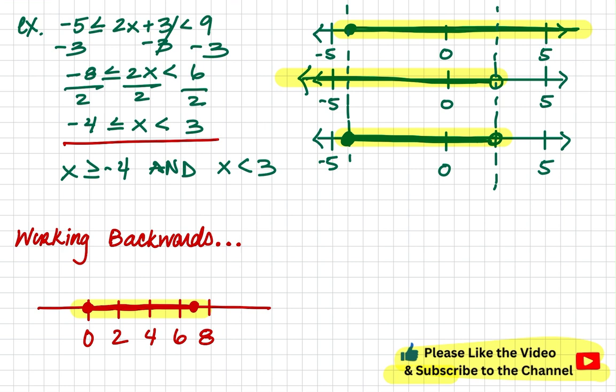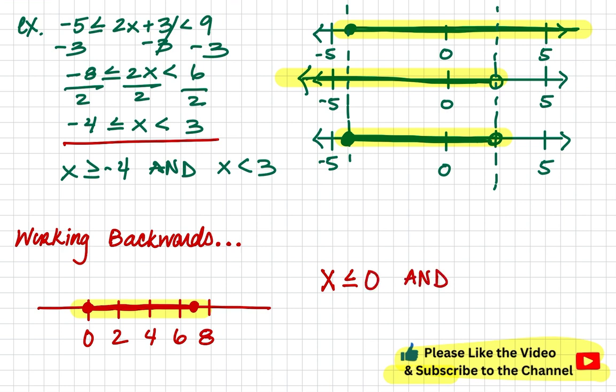Let's start on the left side where we have a filled in circle at 0. So then we know that x is less than or equal to 0. Then we're going to put "and."